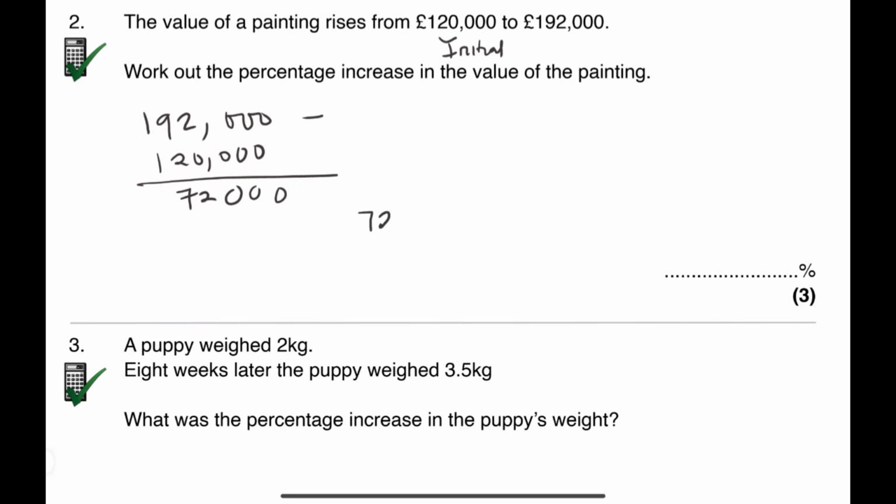Then we do 72,000 divided by 120,000 times 100. So the zeros cancel out. 12 goes into 72 6 times, and 6 times 10 is 60%.